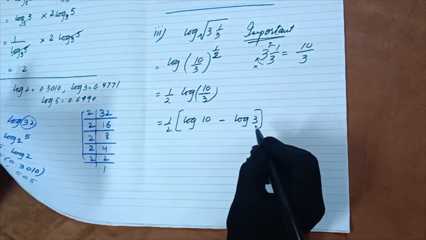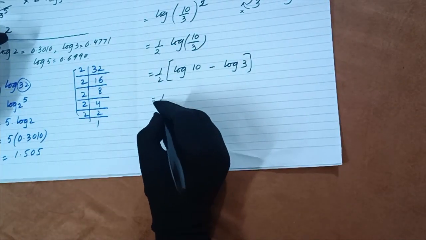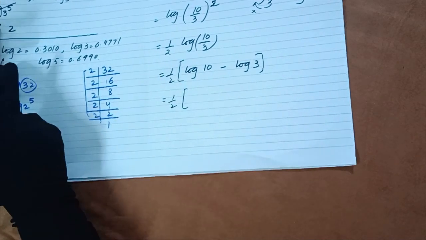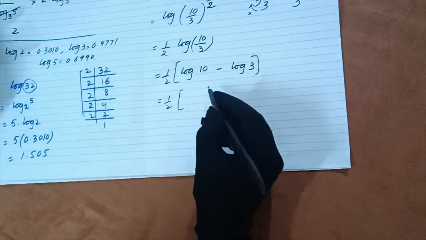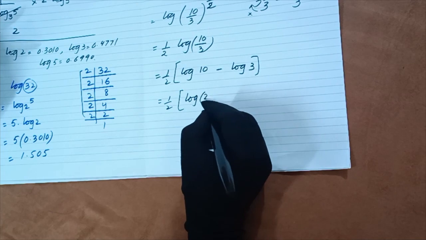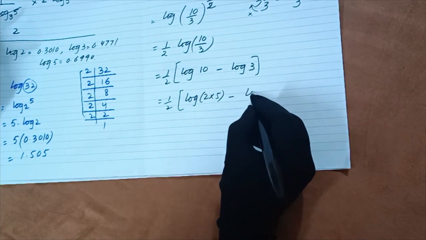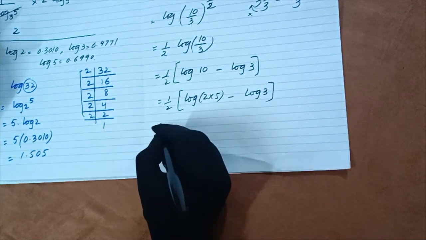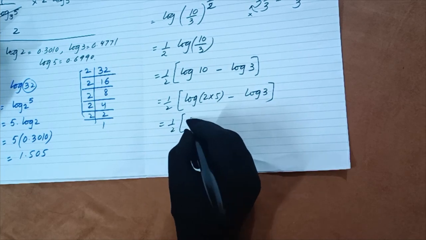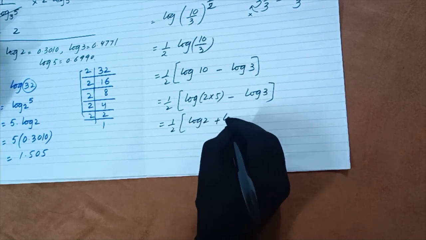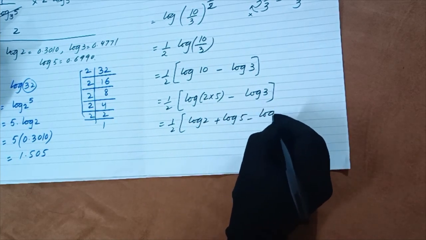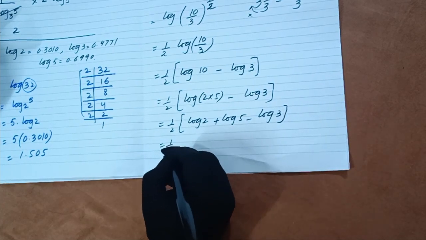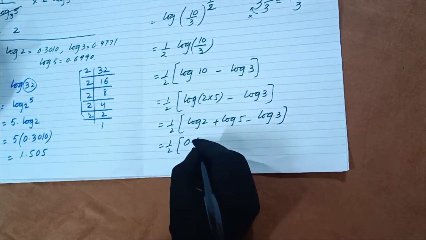Still, log of 10 is not in the form of log 2, log 3, log 5, so 10 can be written as 2 times 5, minus log 3. So log 2 plus log 5 minus log 3. Write down their values and solve the question.